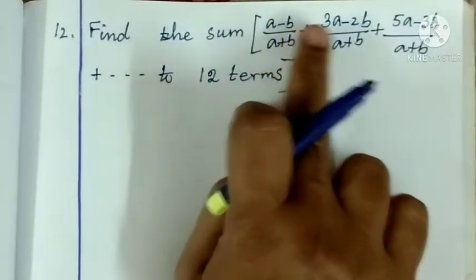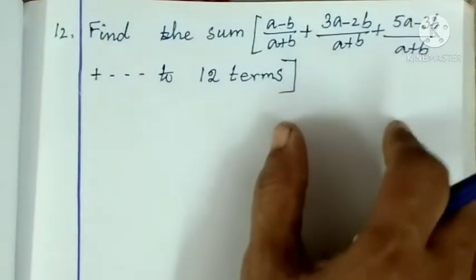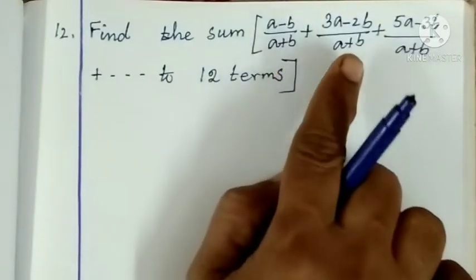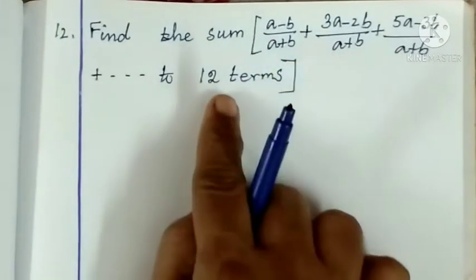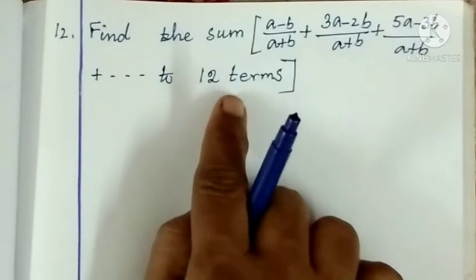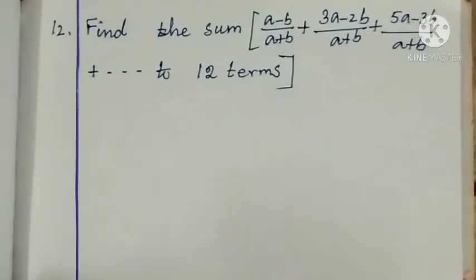Here also minus 1 is increasing, so it forms an AP. From this we know the first term and common difference, T2 minus T1, and the value of n is 12. In this question we have to find the sum of the given terms. Let us do the solution.